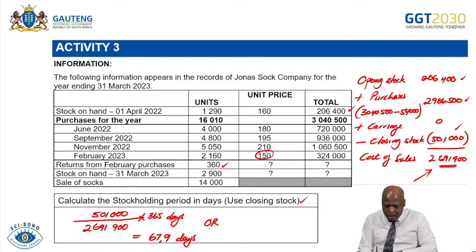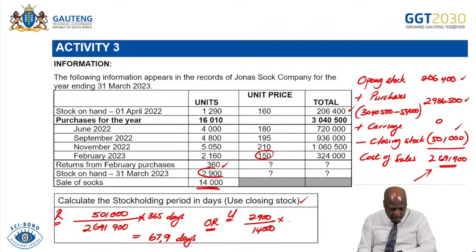Method number two now. You can only use one method. Remember, you can't write two methods. You only write one. So it's either you use your rand method or you use your units method. When you use units, you are now saying, how many units do we have as closing stock? 2,900 over units sold. How many units were sold? Given sale of stock 14,000.